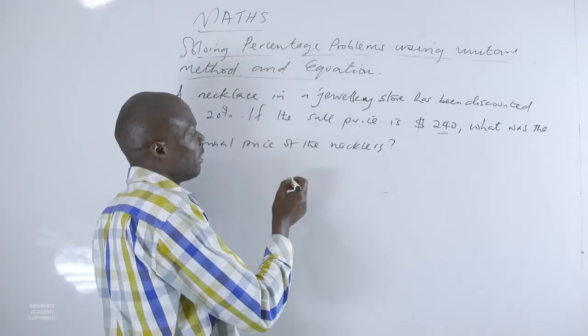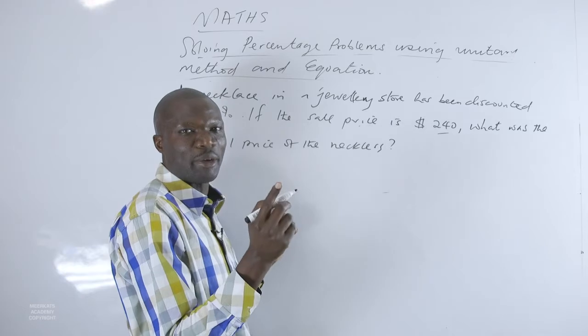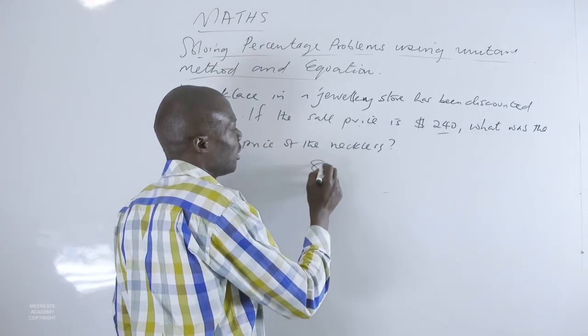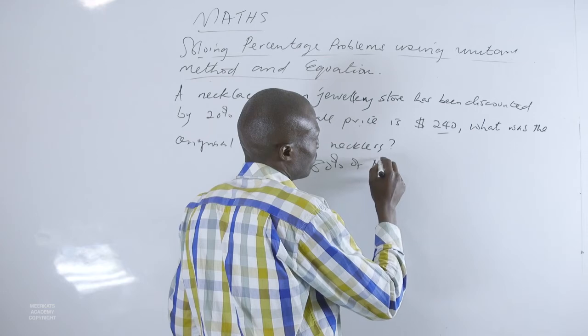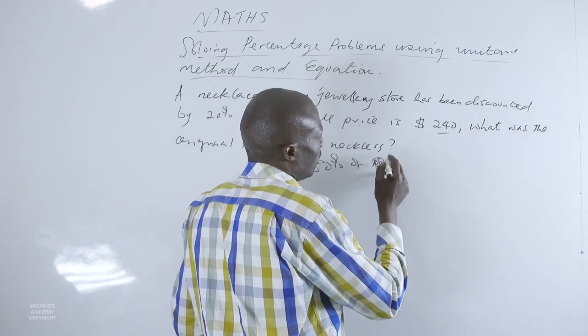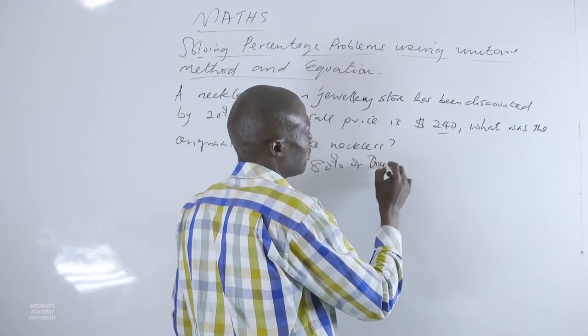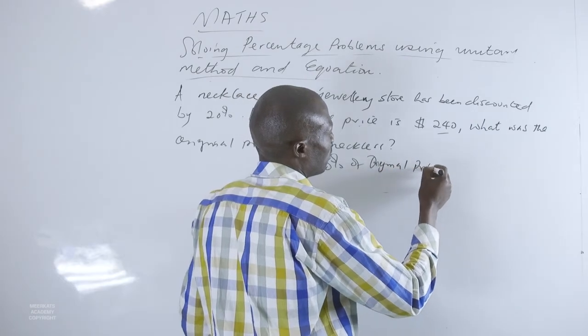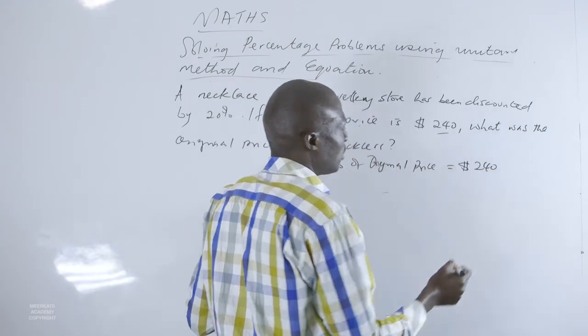We find that the sale value of 240 is equivalent to 100% minus the discount, which is 80%. So 80% of the original price is 240.